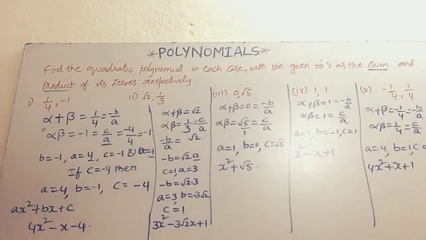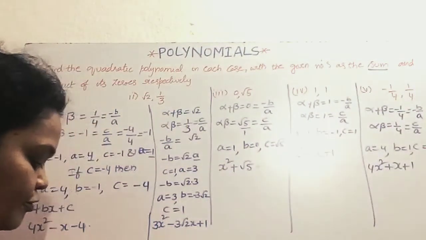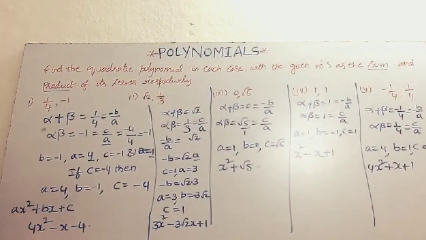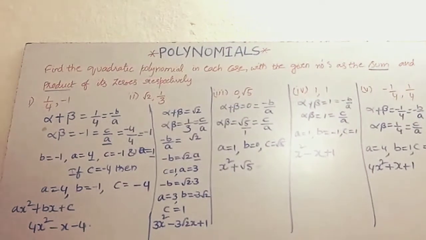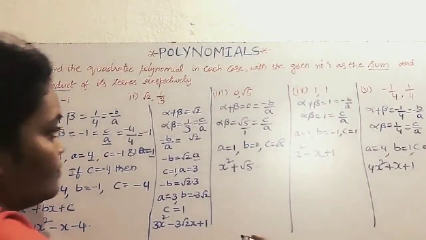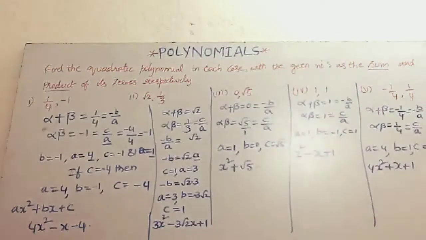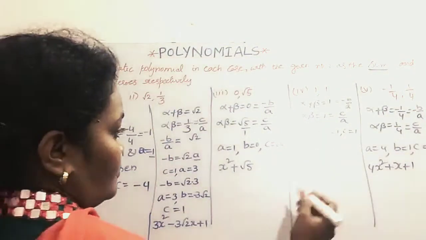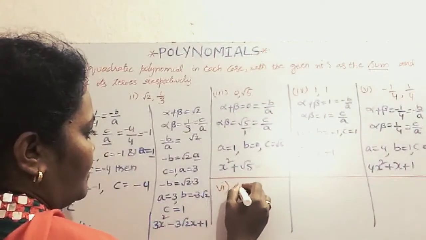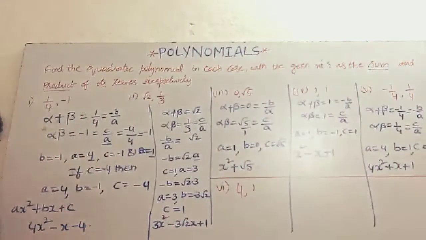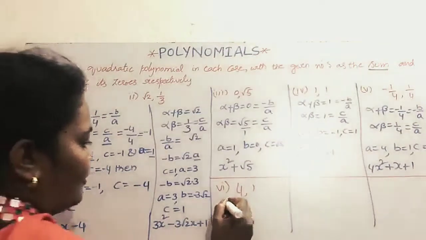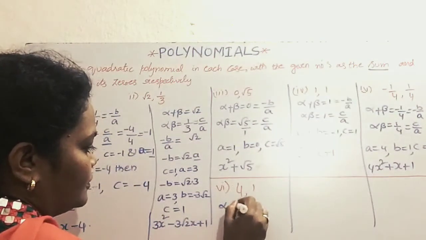And next one more problem, the sixth problem, 4 comma 1. So here alpha plus beta is equal to 4.